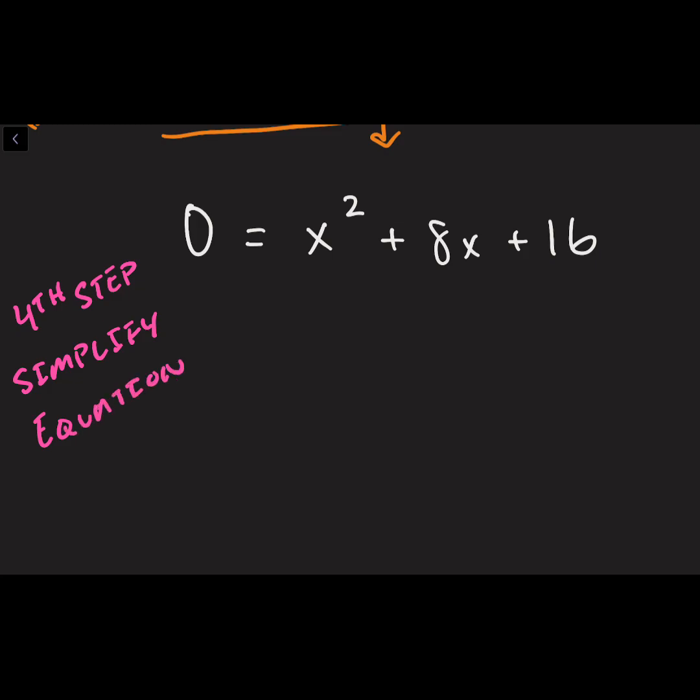We need to find two numbers that multiply to 16 but add to 8. So we got x plus and x plus.